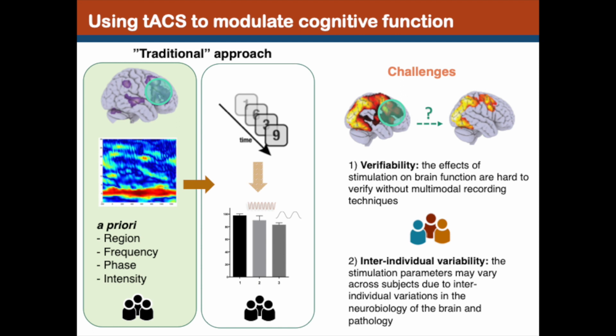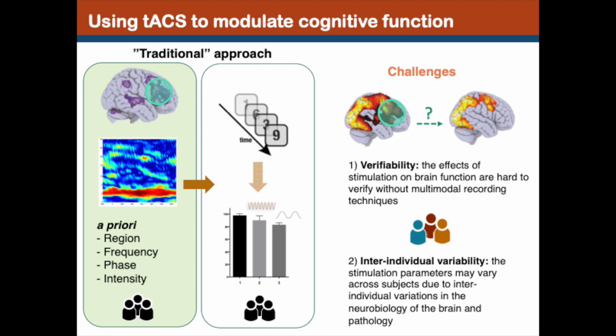And the other big challenge is inter-individual variability. This is particularly true for brain stimulation. This has been shown in TMS studies, so it's a known fact that the stimulation parameters may vary a lot across individuals. This can be the intensity.